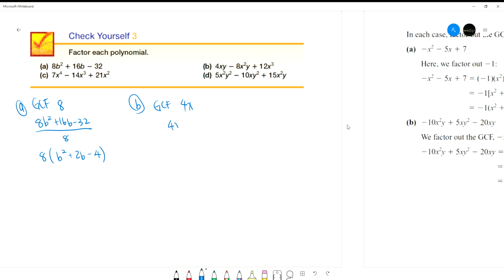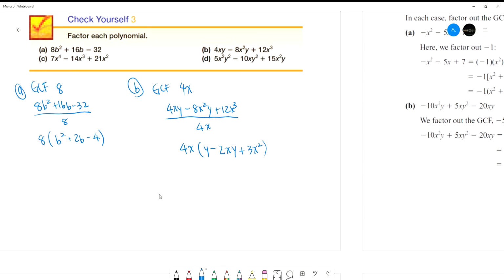Then I do 4xy minus x squared y plus 12x cubed, and we divide it by the GCF 4x. So we have 4x times parentheses. The first term is just y. The second term is minus 2xy. And the last term is plus 3x squared. Okay, any questions with that one?